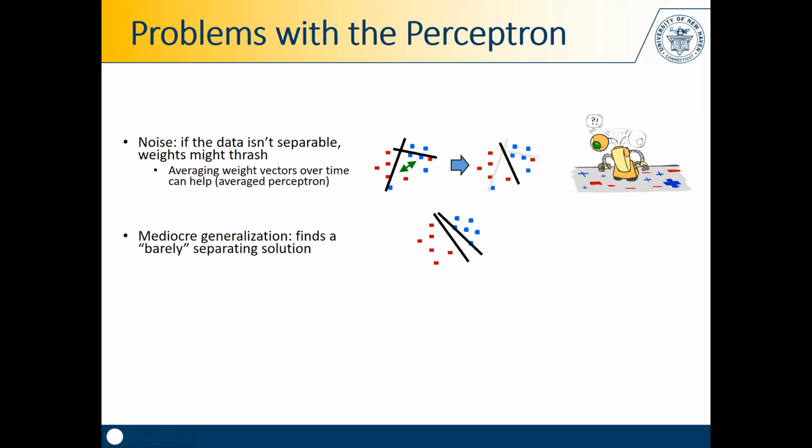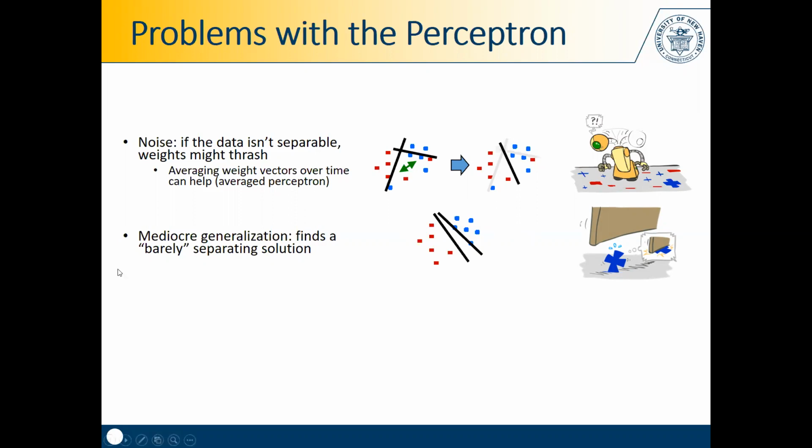Another problem is mediocre generalization. The perceptron model finds a barely separating solution. It leaves a very narrow margin between the two classes. So what does that have to do with generalization? Remember, the idea in machine learning is to learn something, like a decision boundary, from limited samples that applies to unseen samples.